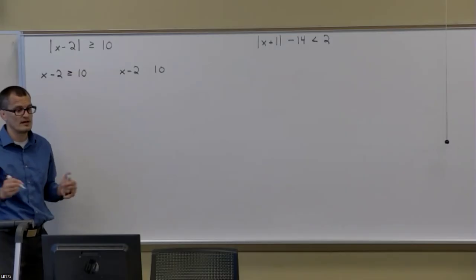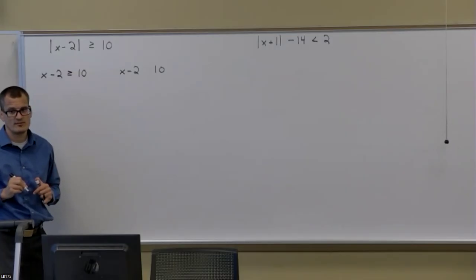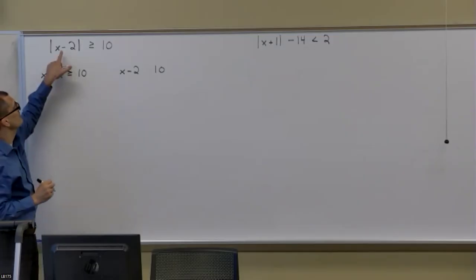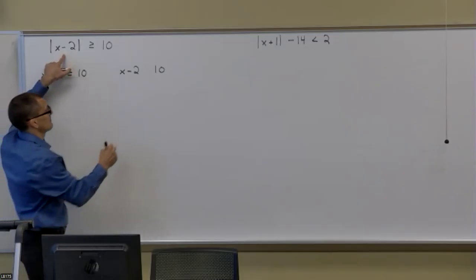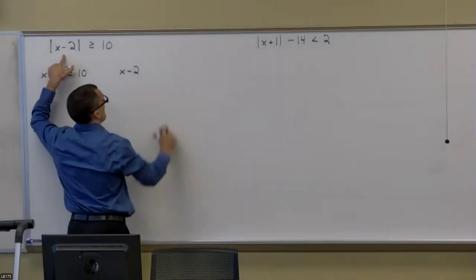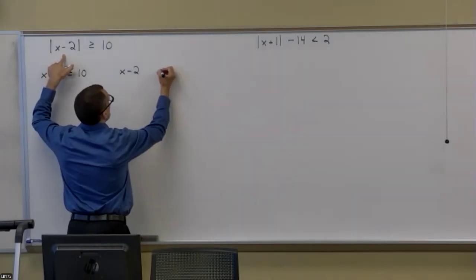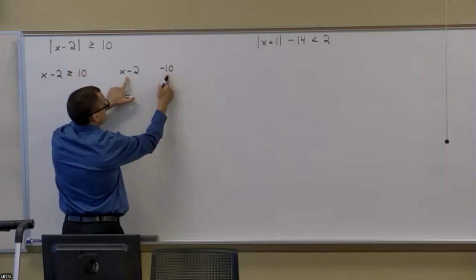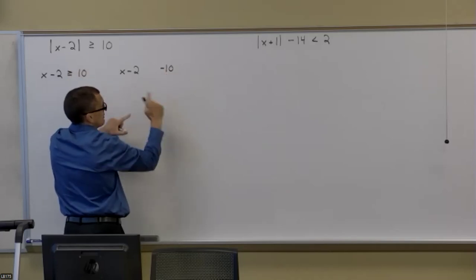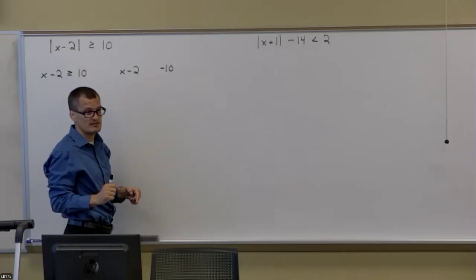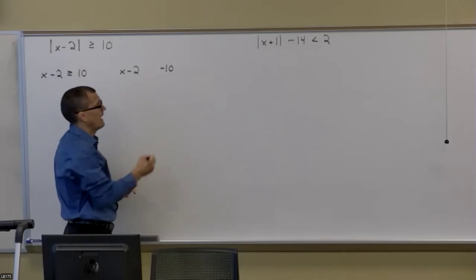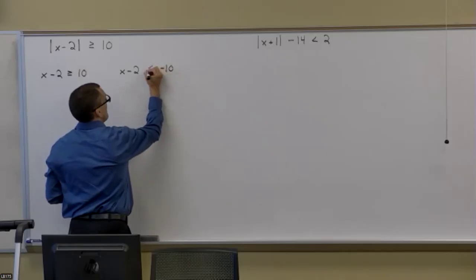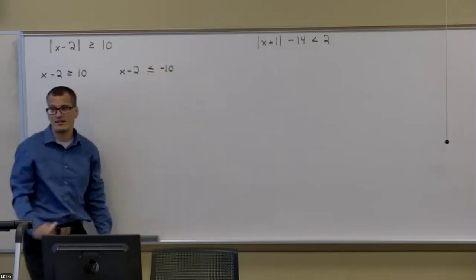So I just keep the symbol the way it is. If this inside piece is negative, when I set x minus 2 and compare it to negative 10, that's basically like a multiplication on both sides by a negative. Does that make sense? And so I have to flip the sign when I do that.